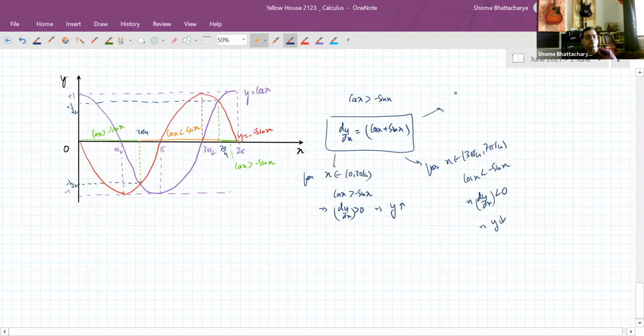And finally, you can see here that y increases for these two intervals, 0 to 3 pi by 4 union with 7 pi by 4 to 2 pi.